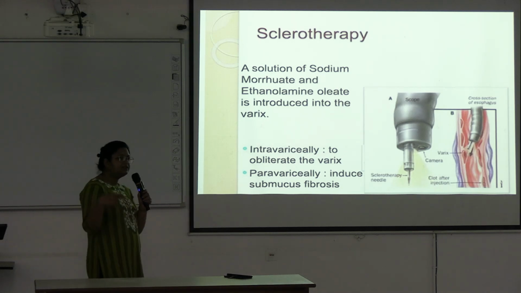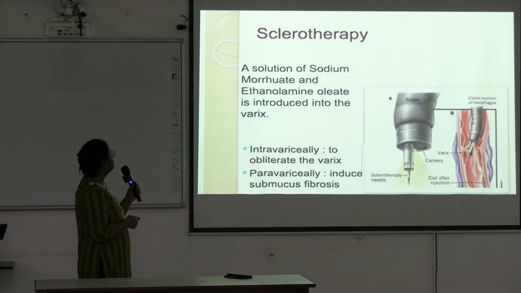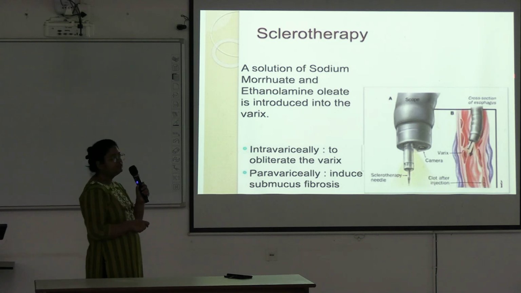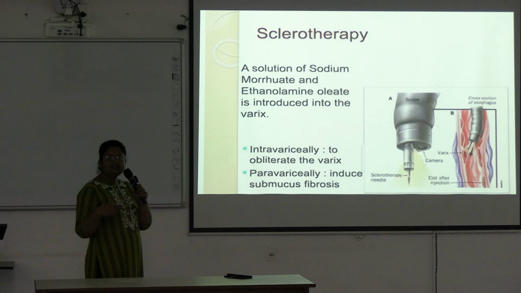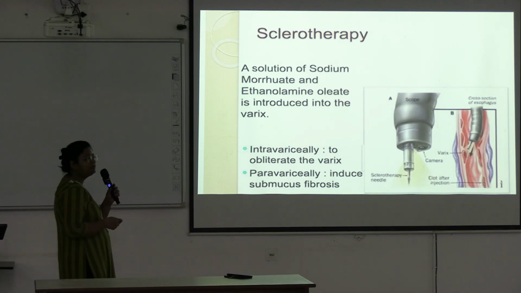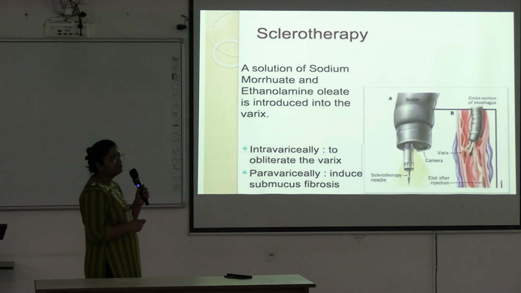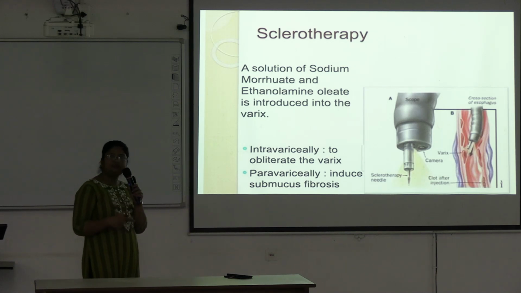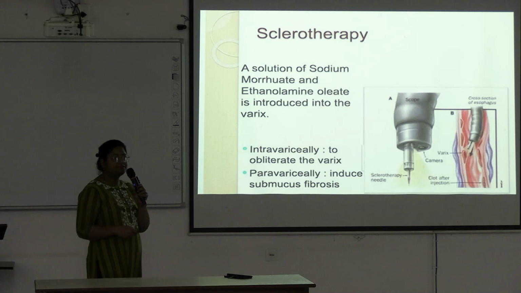So you have to inject the solution formed by these two elements inside the varix and also around the varix. This is known as sclerotherapy. This is a very popular therapy. Band ligation is not done that much. Sclerotherapy is a very frequently done therapy.